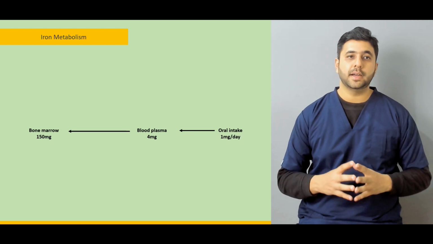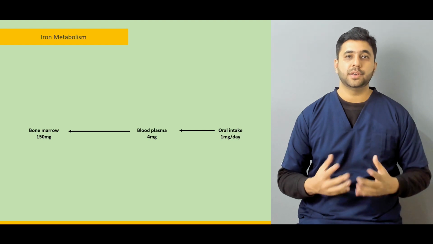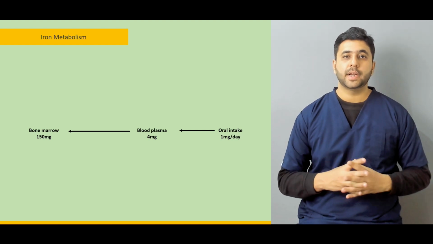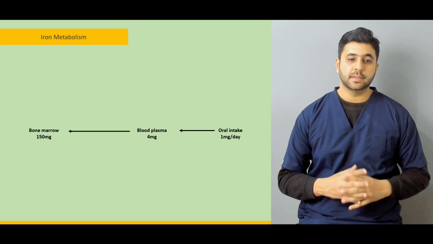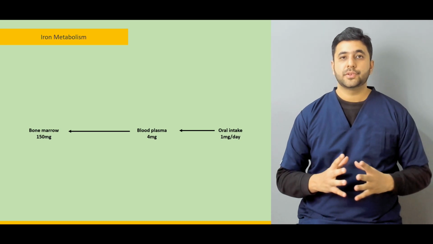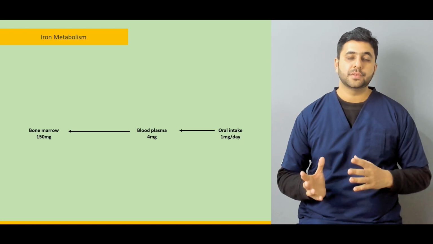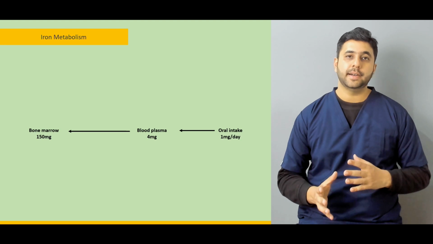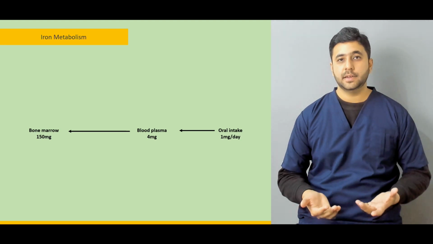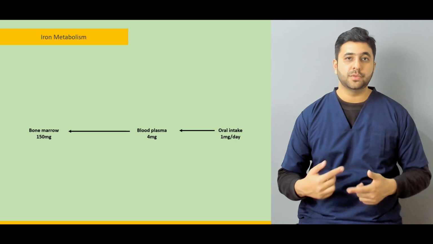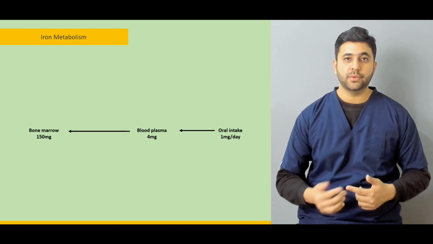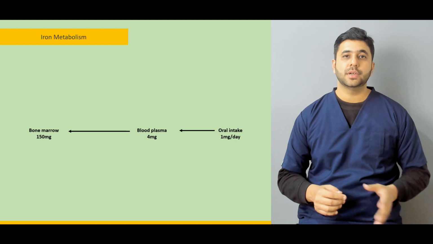Iron does not move as a soluble product, or it does not move on its own. It needs some protein to carry it from one part to the other. So the transferrin transfers the iron from the enterocytes, or from the rapid turnover of the aging RBCs, as we are going to see, to the bone marrow.